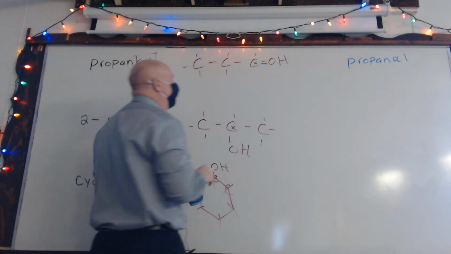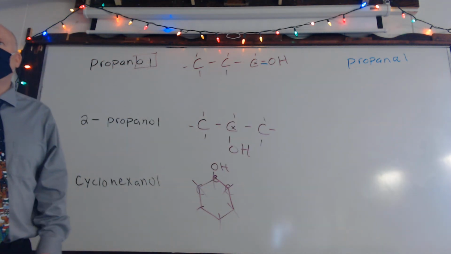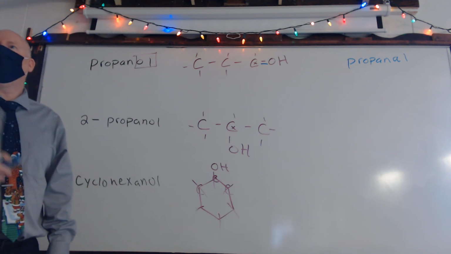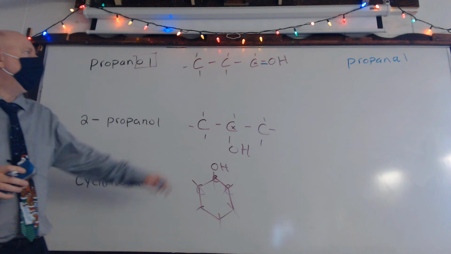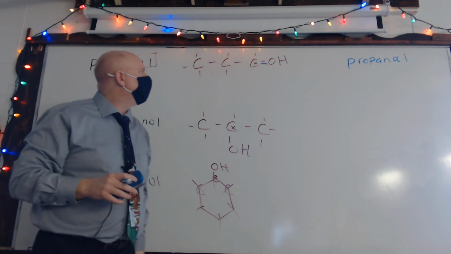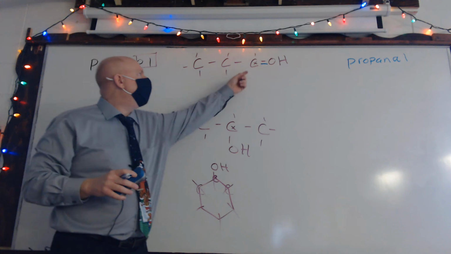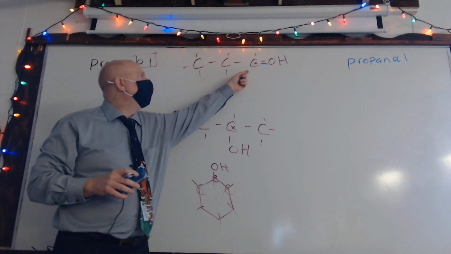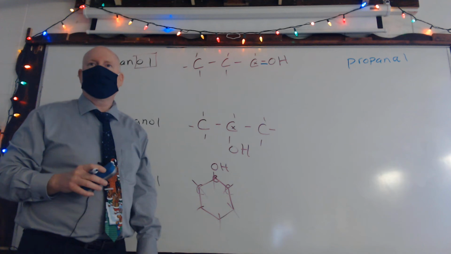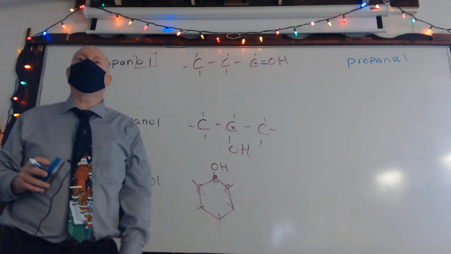That's what I meant to do. I can see why that would be confusing. Now, how many bonds? 1, 2, 3, 4. Okay, so that carbon's fine, but what about that hydrogen?